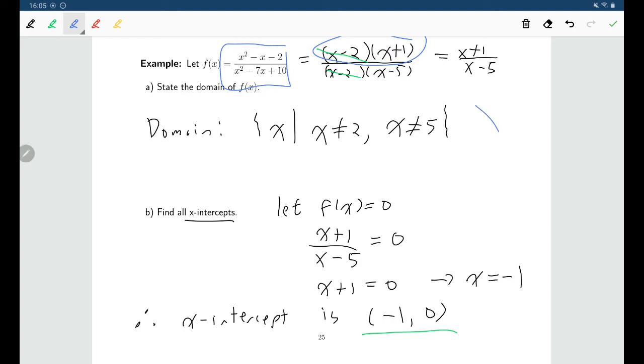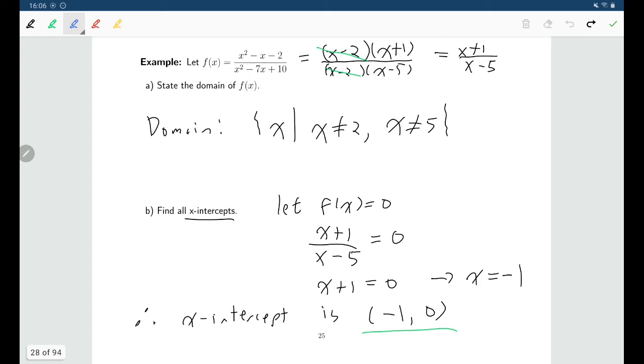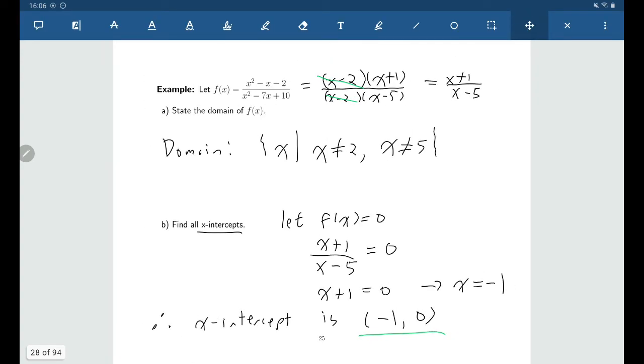But that's the reason why we always think about our domain first. 2 would be an excluded value, so even if you were dealing with the non-simplified version of f of x, you still would not be able to conclude that 2 is the x-coordinate for an x-intercept, because 2 is not inside of our domain. So regardless of which version you use, whether you're using the simplified or the unsimplified version of f of x, you again are going to come up with the same result, which is that there's only one x-intercept here, and that's the point negative 1, 0.